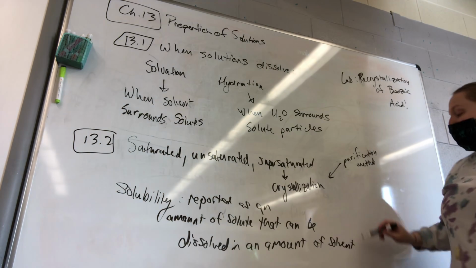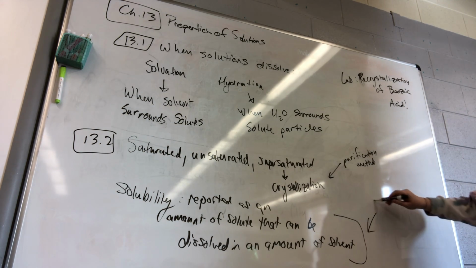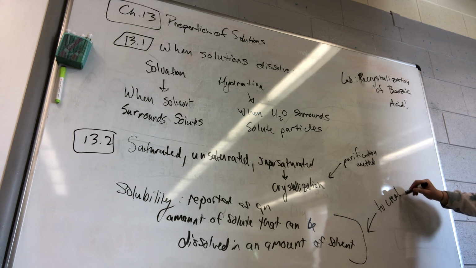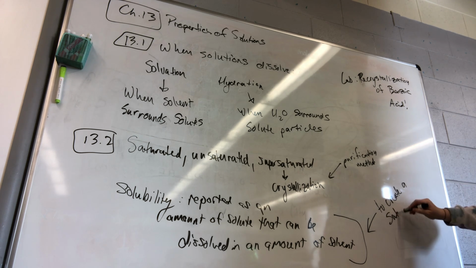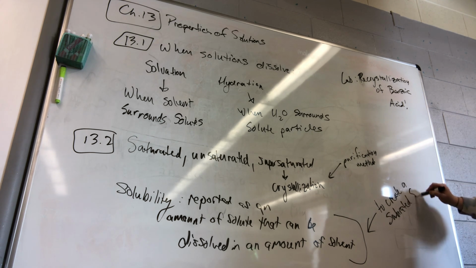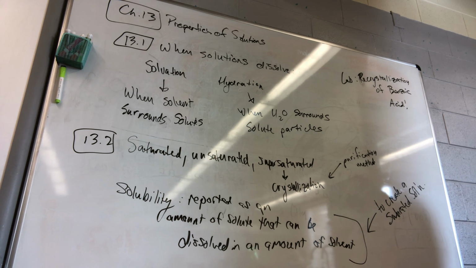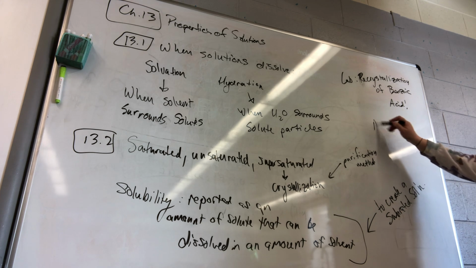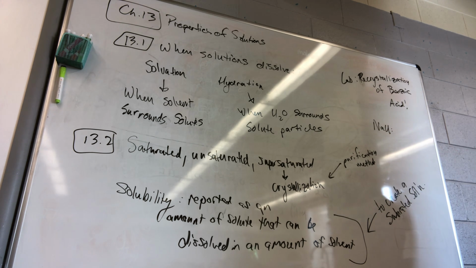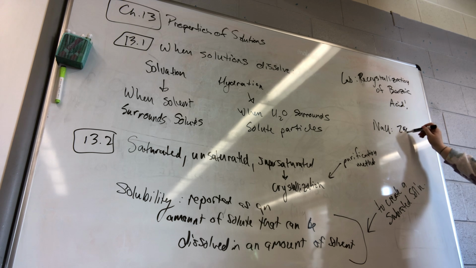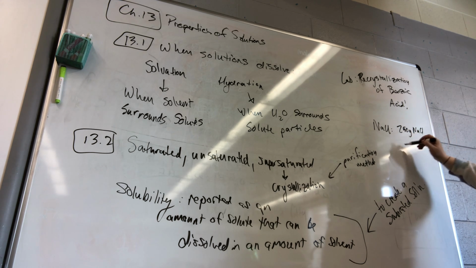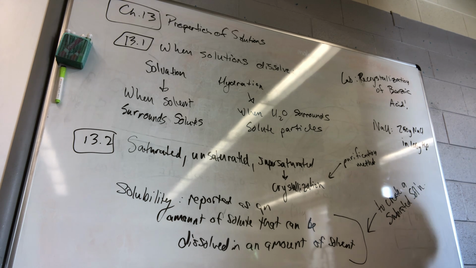This type of indication is used to create a saturated solution. Right? So if we report the solubility of salt as 250 grams of salt in 100 grams of water, what we're saying is in order to create a saturated solution, you have to dissolve 250 grams of salt into 100 grams of water.